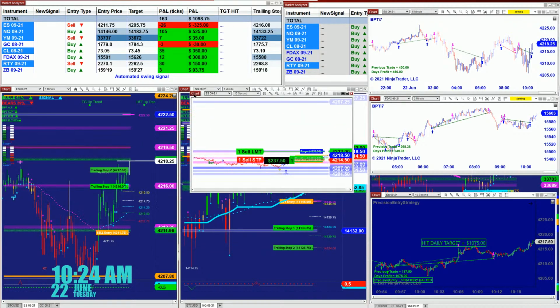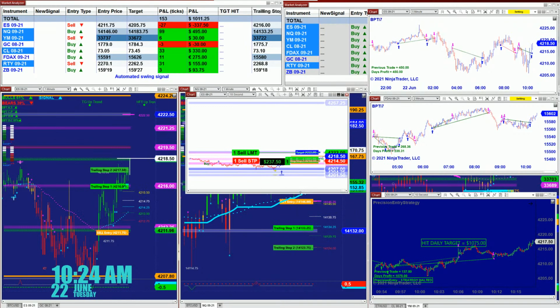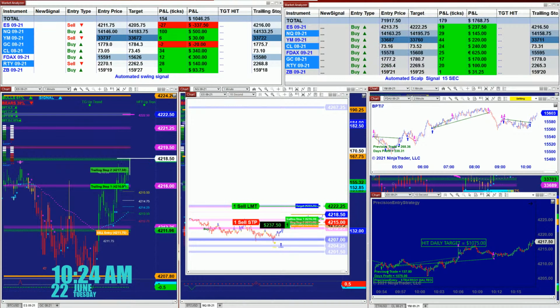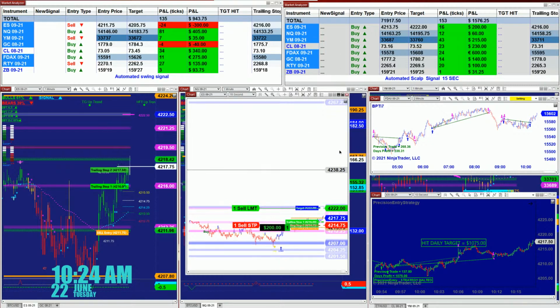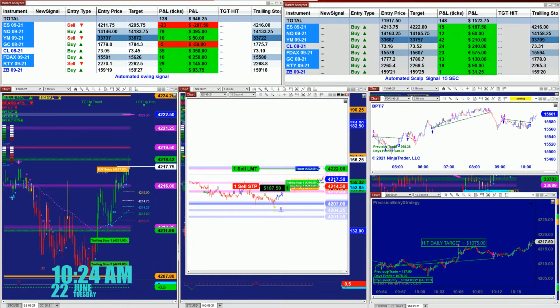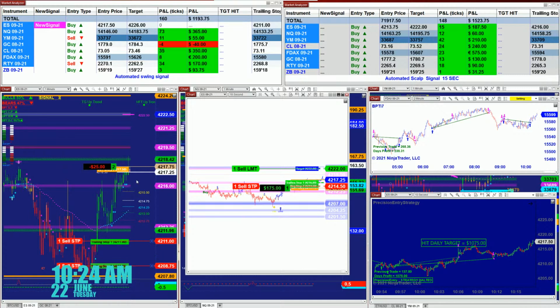On the scalper and the market analyzer, they are in sequence. If you are scalping, the scalper on the market analyzer is based on 15 seconds, and this is the 15. Look, I want to show you.